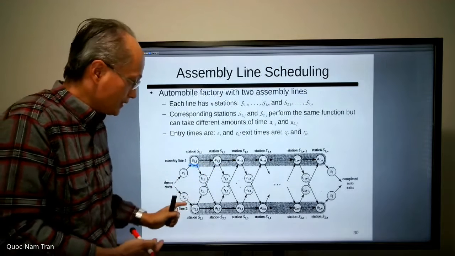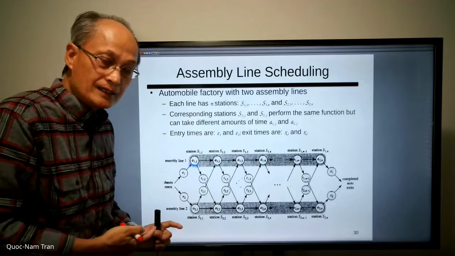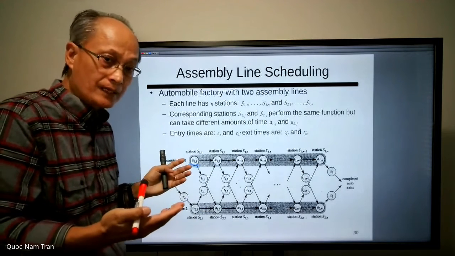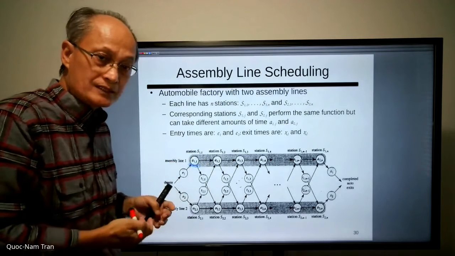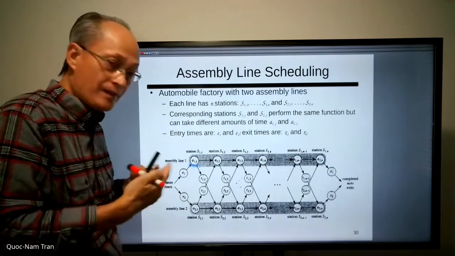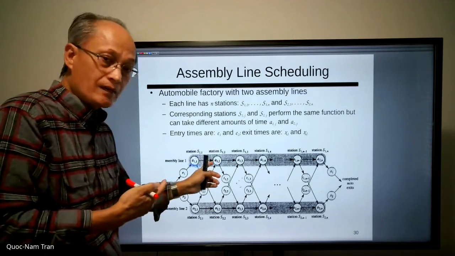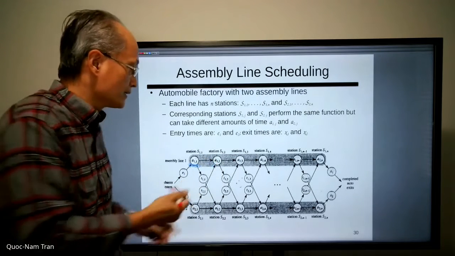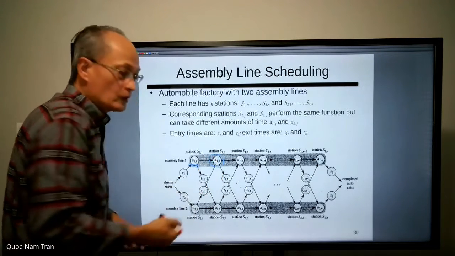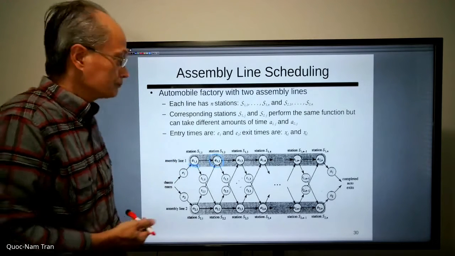So every station will have a time needed, and they are not the same, depending on who is working at that station, and also how many chassis they already have at that station. So there may be a queue here, and then A12 will be bigger than A11, for example.